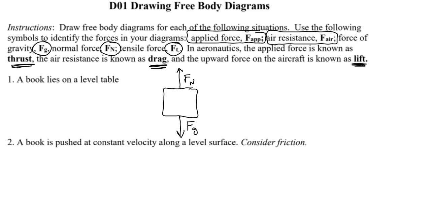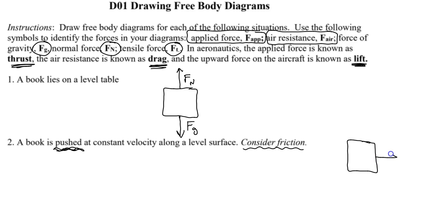Number two, now we're taking a book, could be the same book, being pushed at a constant velocity along a level surface. So again, we are going to start with our free body. Our book is just going to be a simple square. It says consider friction. So it's being pushed. Anytime you see pushed, we know that we're going to have an applied force.